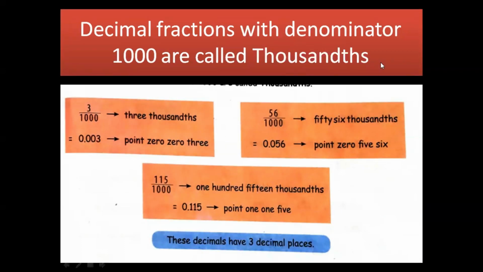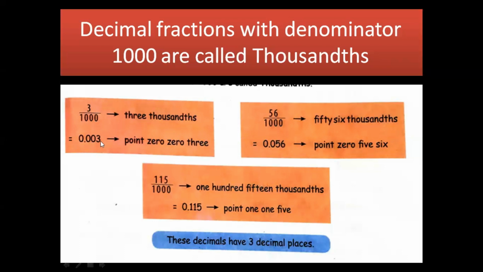Decimal fractions with denominator 1000 are called thousandths. For example, 3 by 1000. See here, we have 3 zeros in the denominator. 3 is already there. Before it we have to keep 2 zeros because it is in thousandths: tenths, hundredths, thousandths.